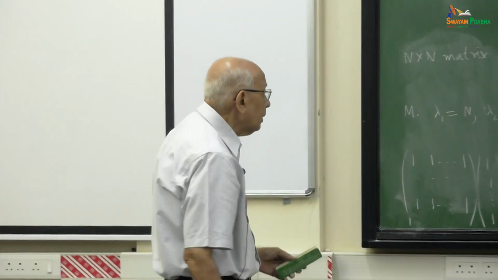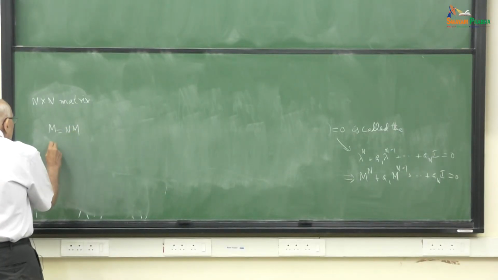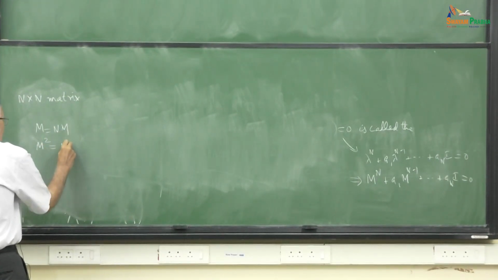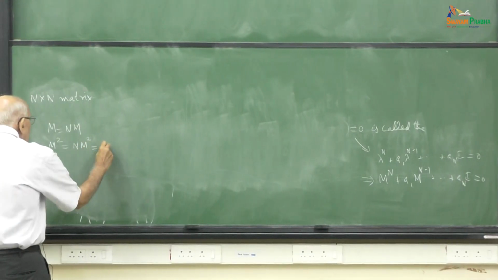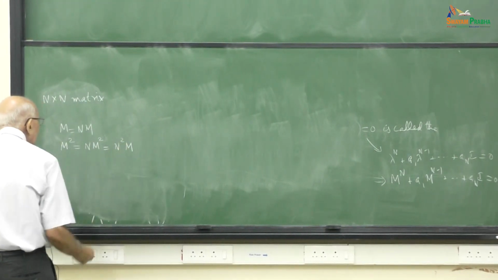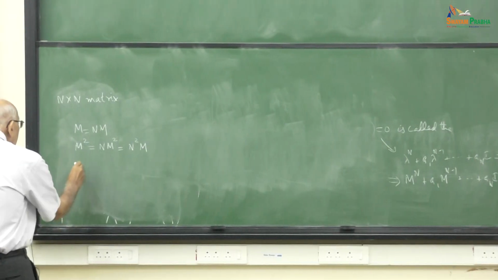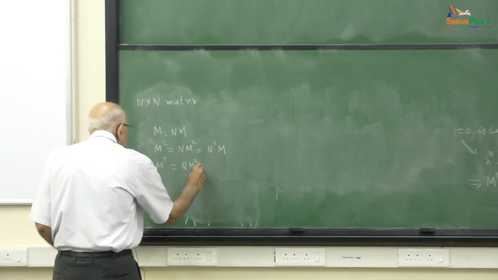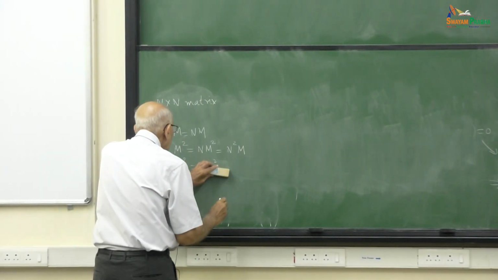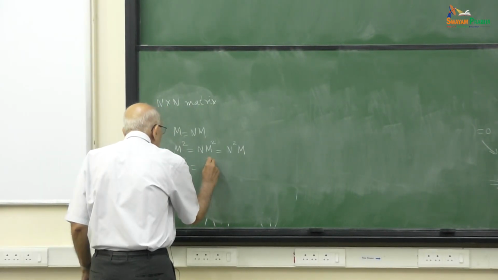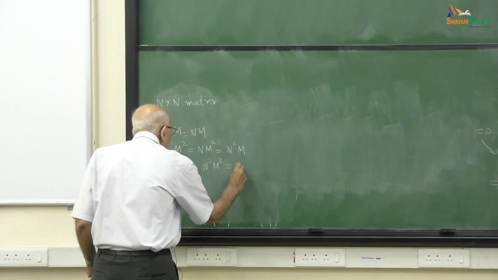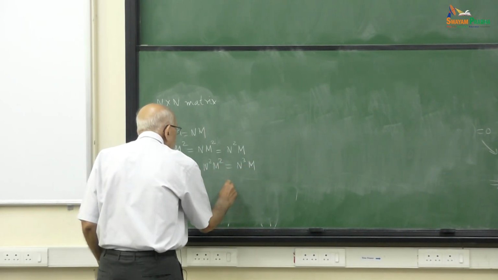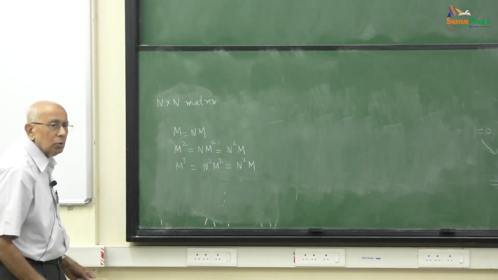Can we find the exponential of this m? We start with the observation that m squared is n times m. Therefore, m cubed is n squared times m, etc. So what's e to the power m?